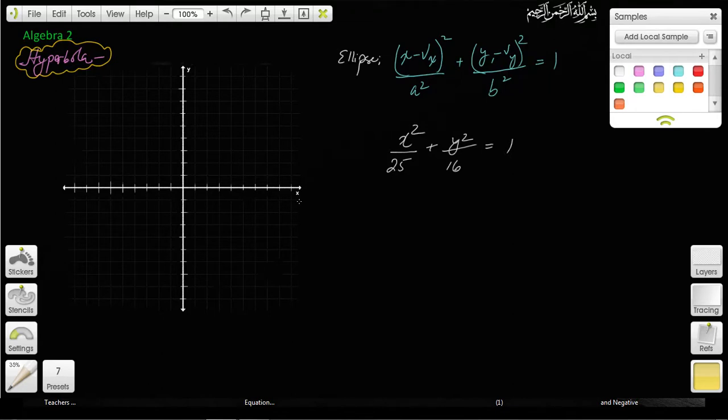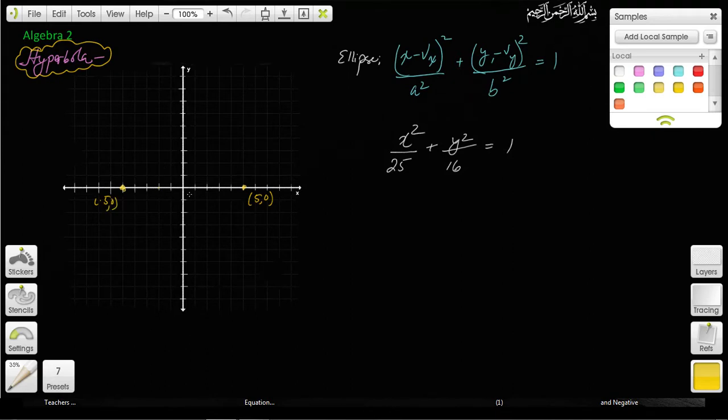This is a squared, so in the x direction, 1, 2, 3, 4, 5, and 1, 2, 3, 4, 5. That would be the two vertices. Let me label those: x is 5, y is 0; x is negative 5, y is 0.